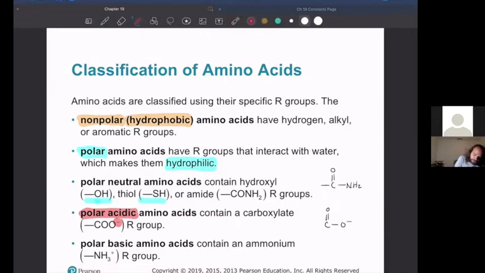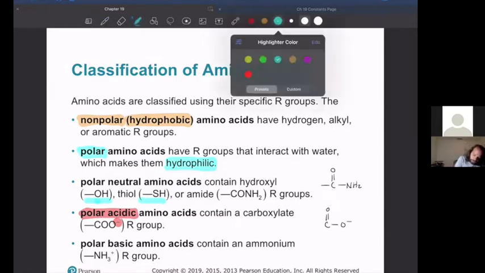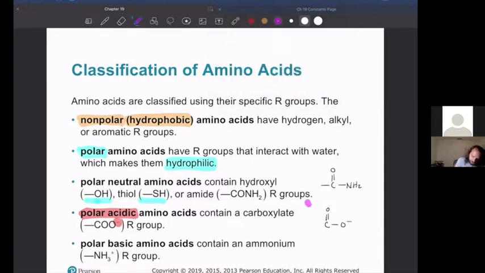And then lastly, we have these polar basic groups. And those all have some form of an ammonium ion or a protonated nitrogen group. So again, we call them basic, but they don't actually play the role of bases. It's already after they played the role of a base, so they've already accepted that proton.